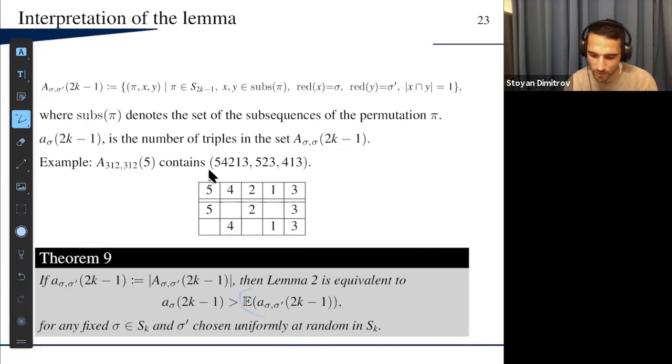Basically, what we showed is that this binomial coefficient, 2k minus 1 choose k, squared, is actually given by the expectation of this quantity. And we hope that this new interpretation will help us to find a combinatorial proof of the lemma, but still we cannot do that.